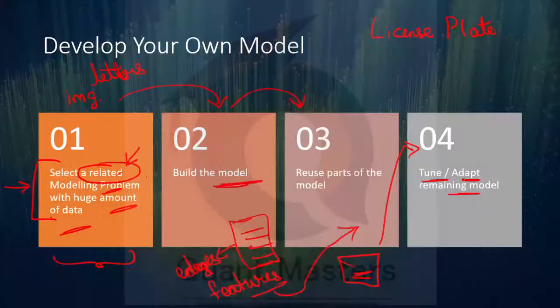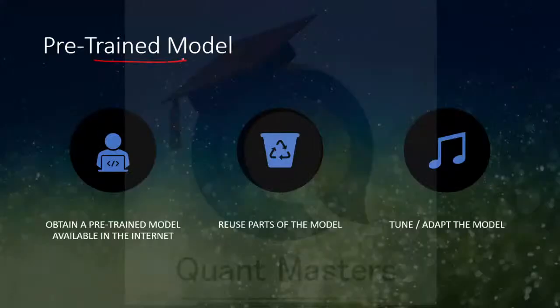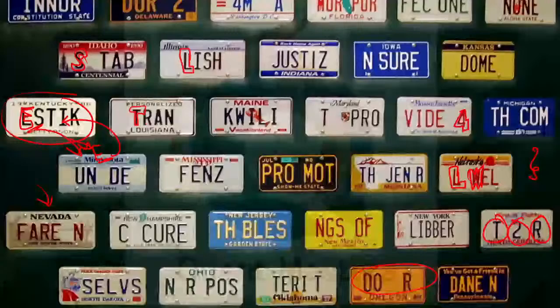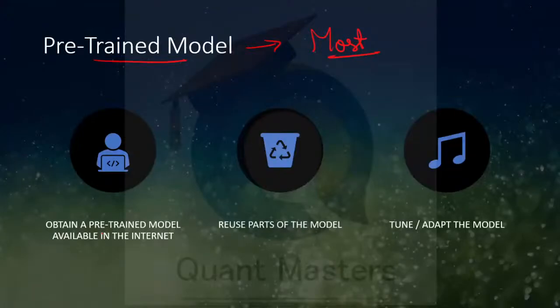So take one more scenario. This is to develop your own model. Apart from this, there's one more way called a pre-trained model. This is what most deep learning experts use. This is what most of the people use. The way it works is, think of this. If you want to identify license plates, you already have a model to identify images, that is of letters or, let's say, numbers.